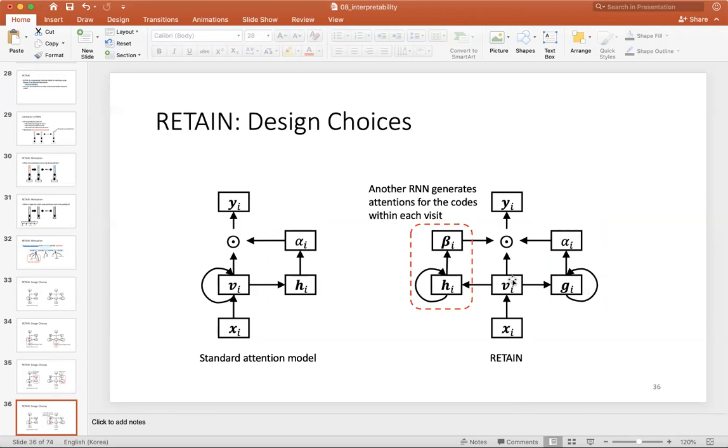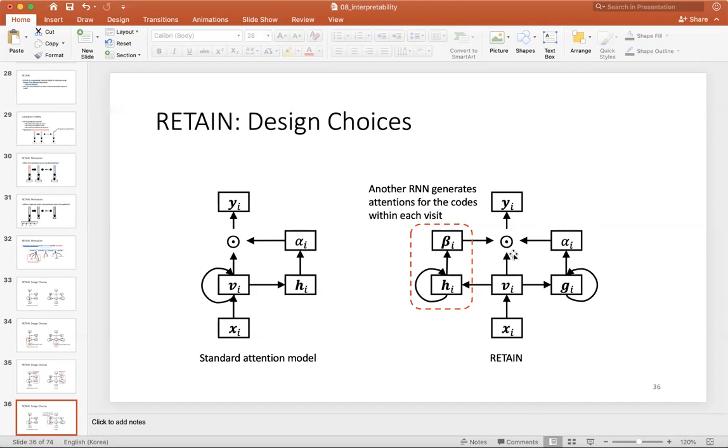You can imagine why we're using an RNN: instead of encoding the sequence of x's, x_1 to x_t, using an RNN, we encoded them using separate, independent linear transformations. So we're losing the sequential information there, but by using an RNN on the attention side, we're recovering the lost sequential information again.